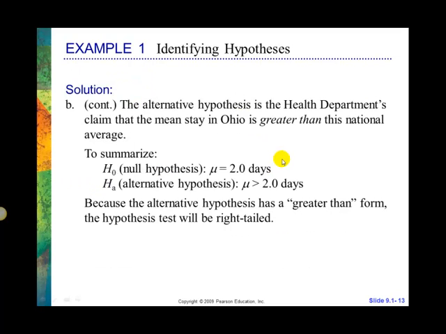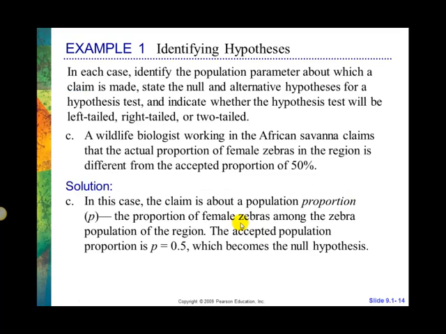So our null and alternative are going to be H0, which stands for null hypothesis, mu is equal to 2.0 days. And our alternative, because they wanted greater than, is mu is greater than 2.0 days. And because it's greater than, we have a right-tailed test.